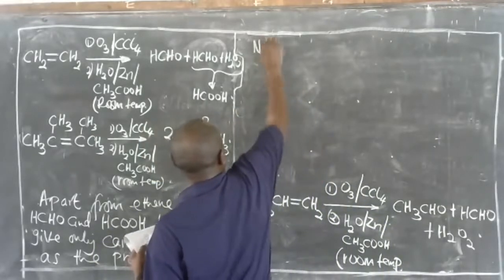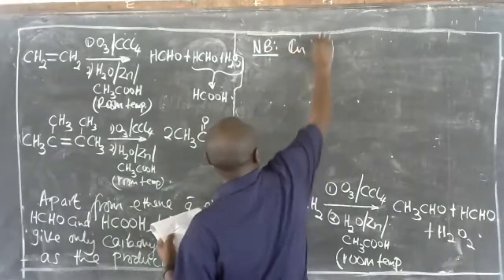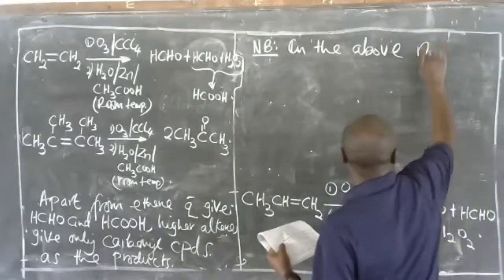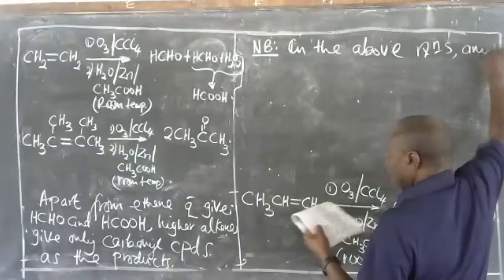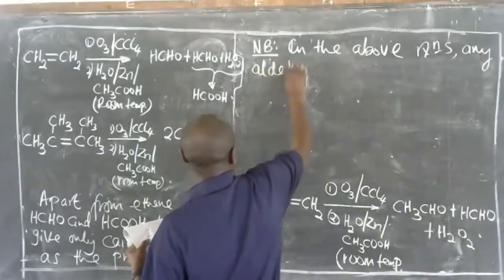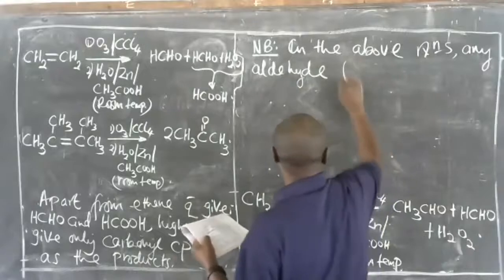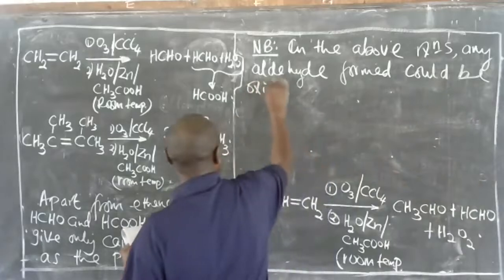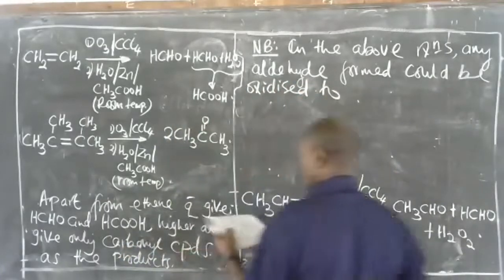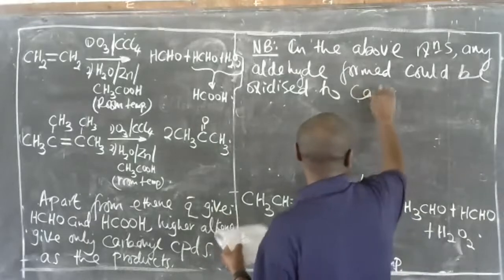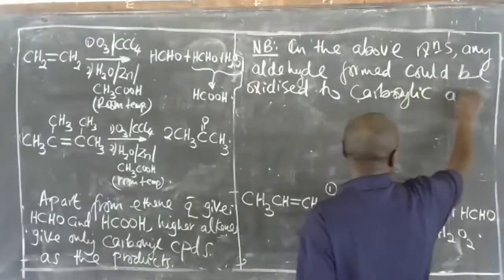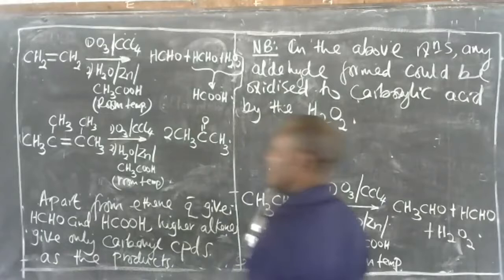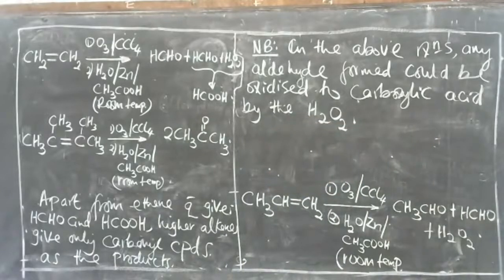So NB: in the above reactions, any aldehyde formed could be oxidized to carboxylic acid by the hydrogen peroxide. Any carbonyl compound formed could be oxidized by the hydrogen peroxide.